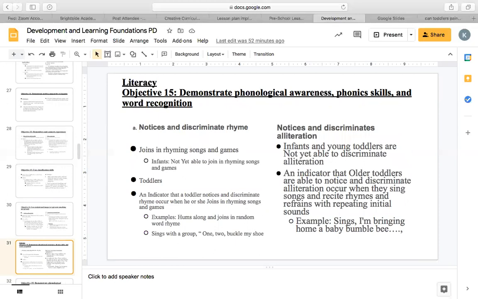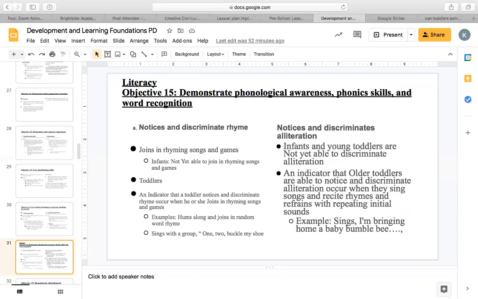Literacy, Objective 15. Demonstrate phonological awareness, phonics skills, and word recognition. Notices and discriminates rhyme. Joins in rhymes and songs and games. Infants are not yet able to join in rhymes and songs and games. Toddlers: an indicator that a toddler notices and discriminates rhyme occurs when he or she joins in rhymes and songs and games.